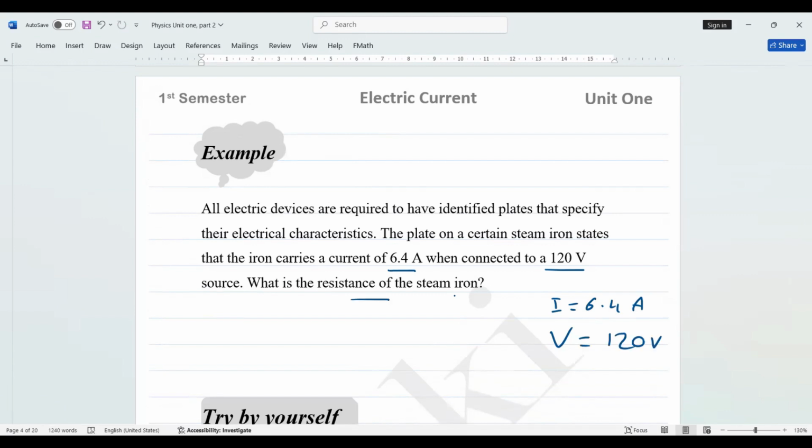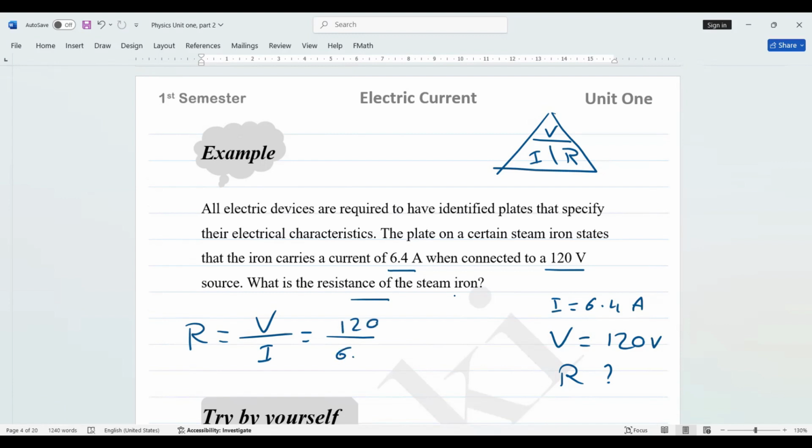What is the resistance? We need R. Remember to draw this triangle. V equals I times R, so R equals V over I, 120 over 6.4. The answer is 18.75, and the unit of resistance is ohm.